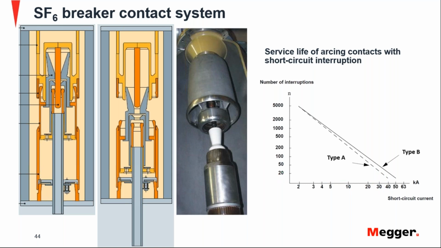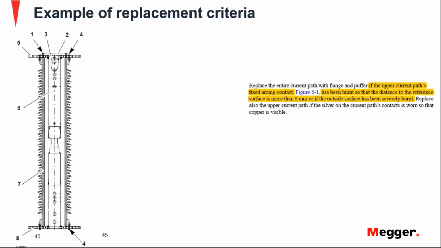Now, operations under fault current or short circuit conditions are not always going to be the same. So there's this graph and some formulas, but really you don't know when the breaker's arcing contact needs to be replaced. So there's a replacement criteria.